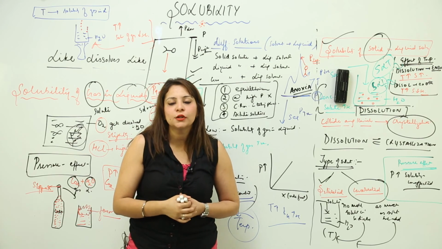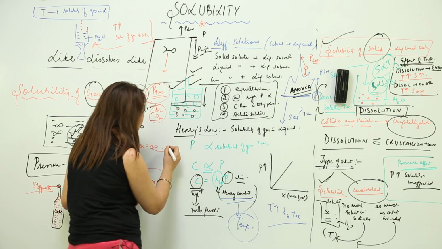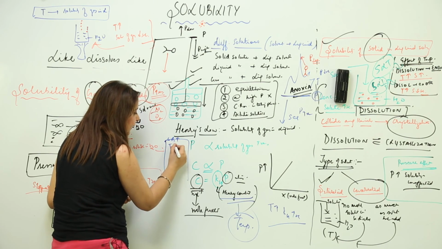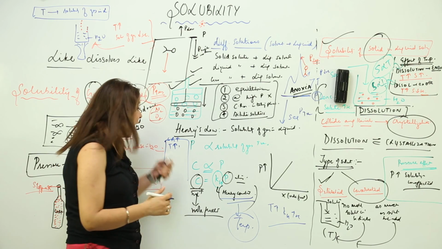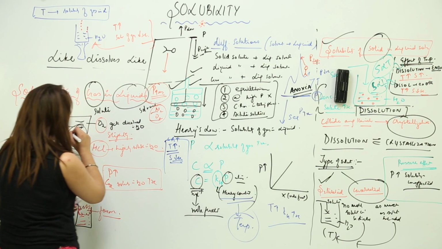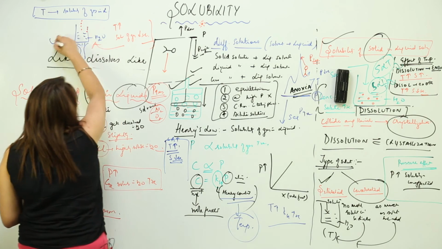That is what we call global warming. So when global warming increases, temperature is increasing. And as we know, when temperature increases, solubility decreases. We did this earlier.